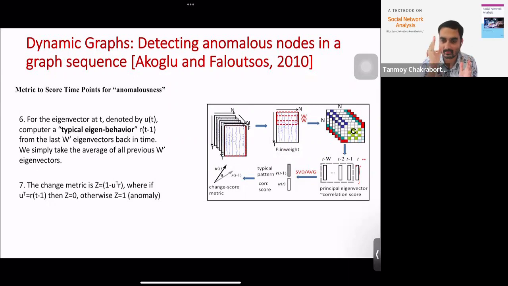If you look at a particular sliding window T and its previous sliding windows, you look at the principal eigenvector at sliding window T, and you look at the principal eigenvectors at the previous sliding windows. So what do we need now? You need to compare the principal eigenvector at sliding window T with the previous principal eigenvectors.